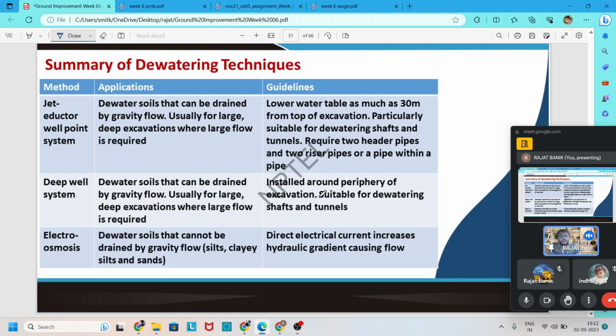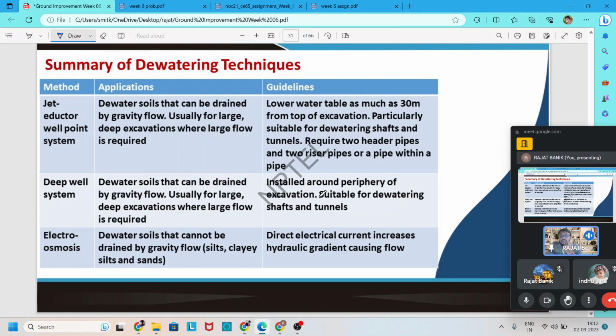This technique is particularly used for larger construction projects like shafts, in the case of large diameter pile foundations used in bridges, and also tunnels. For larger projects, this technique is used.